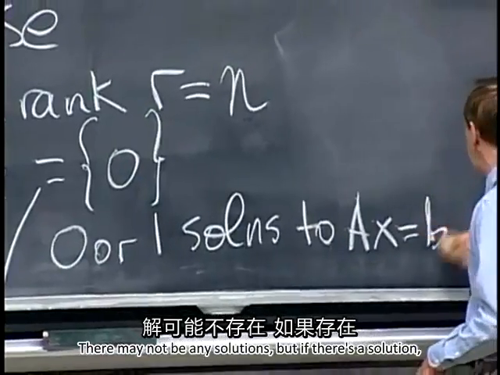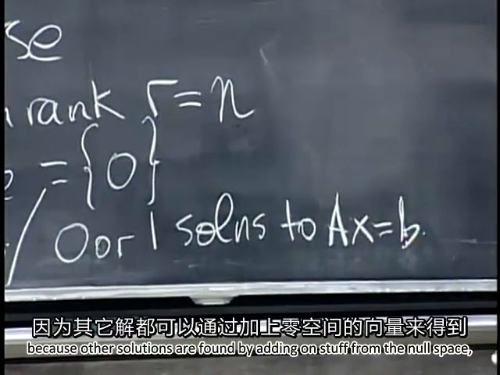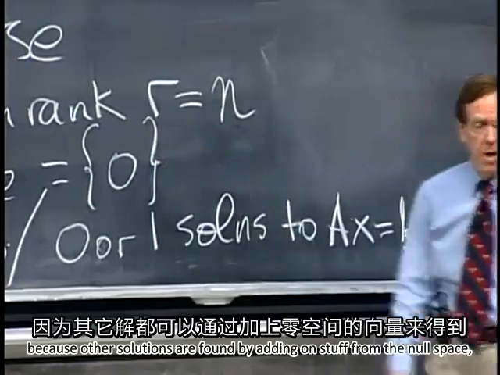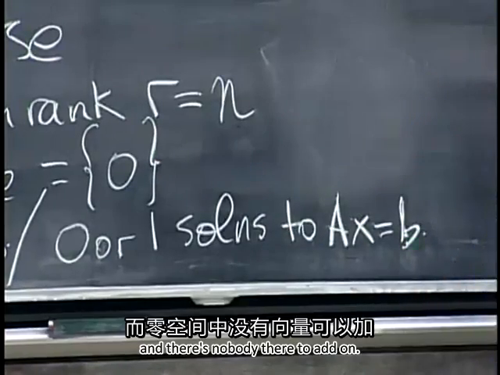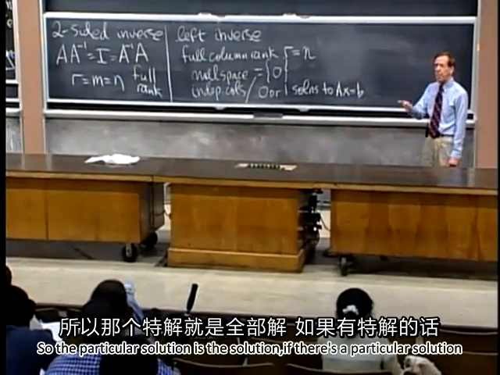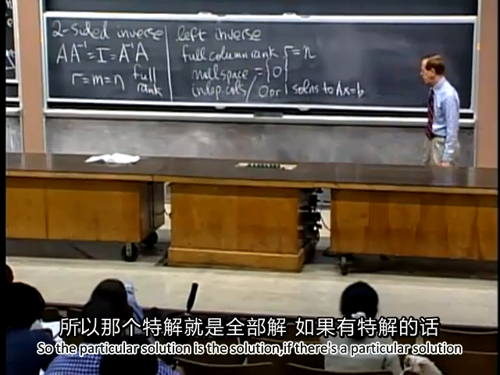There may not be any solutions, but if there's a solution, there's only one solution. Because other solutions are found by adding on stuff from the null space, and there's nobody there to add on. So the particular solution is the solution, if there is a particular solution.